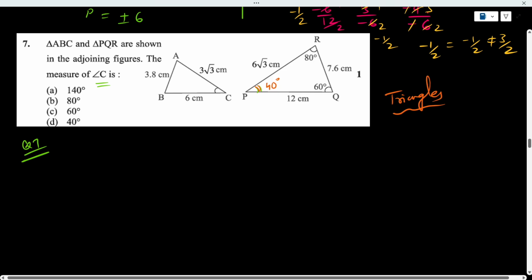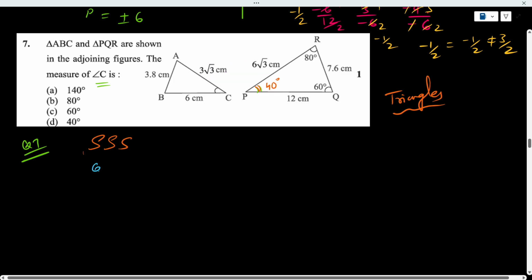That means I have to check another similarity criterion, SSS. What is the similarity criterion based on sides? If the corresponding side ratios are the same, then the triangles are similar. So let us see here. Observe your sides. 6 by 12 is half. 3.8 by 7.6 is half. 3 root 3 by 6 root 3 is also looking like half, right?